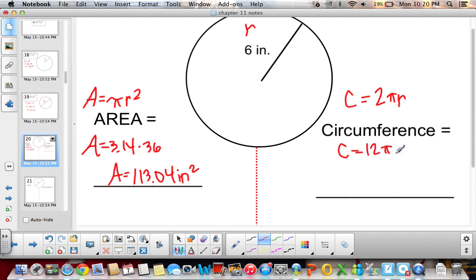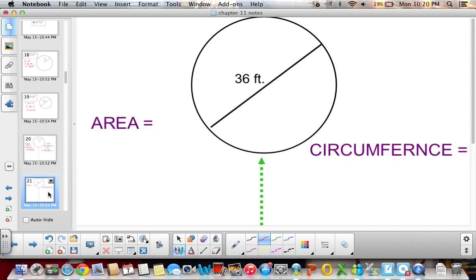And if I use 3.14 as pi, 12 times 3.14 equals 37.68 inches, and that's circumference. So I would like you to pause me and solve for the area and circumference of this circle.